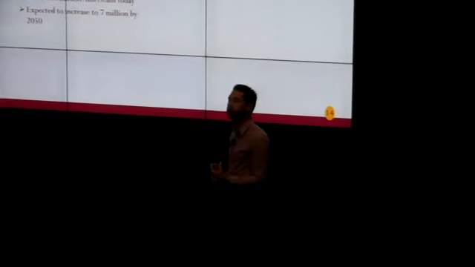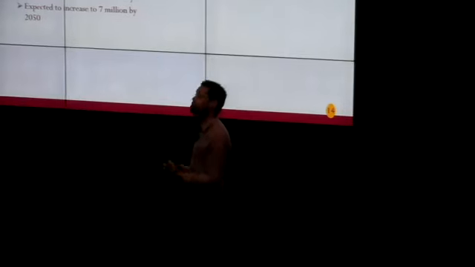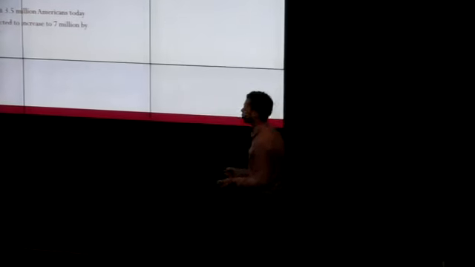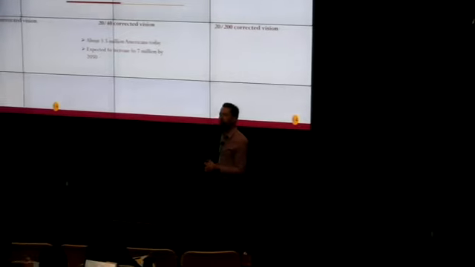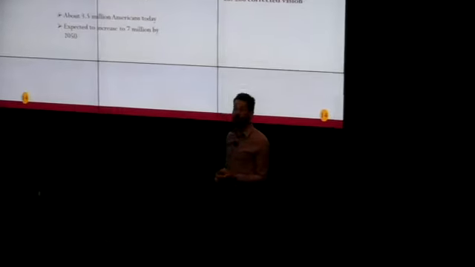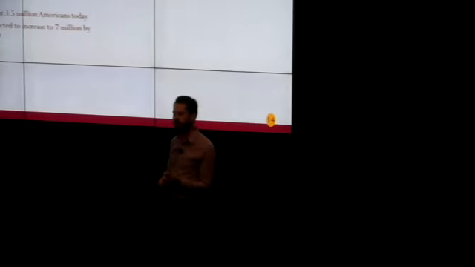So this enables you to have vision that goes back up to normal, or around about 20/20 vision when you've got that level of correction. And this is something that is increasing exponentially, not because of the number of people being born, not because our eyesight's getting worse, but because we're living longer. So by 2050, they're expecting it to be up to about 7 million people living in the US with corrected vision. So that's not a huge issue.